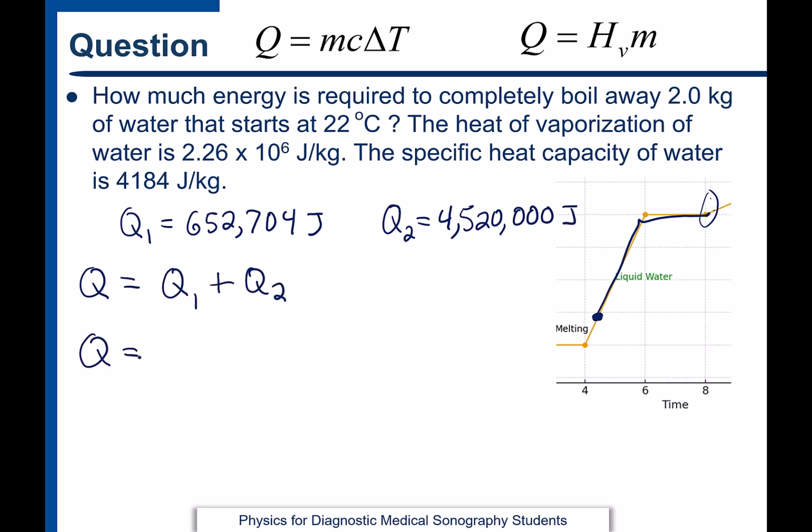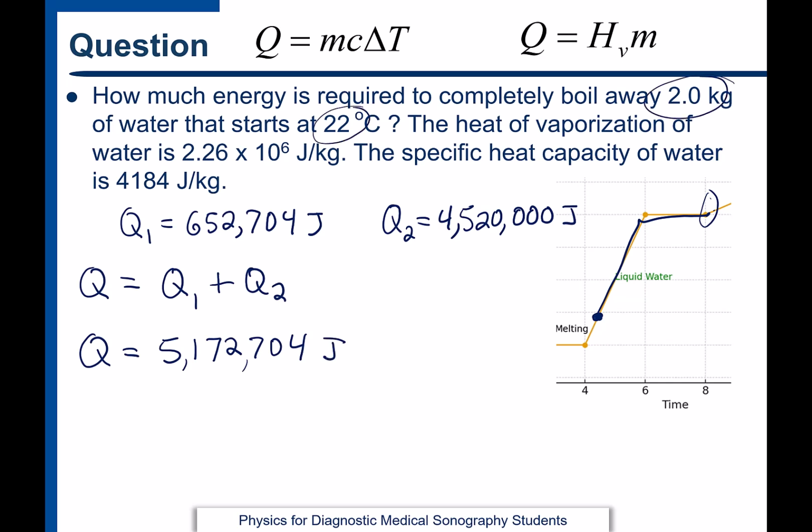And so when you do that math, you should get 5,172,704.